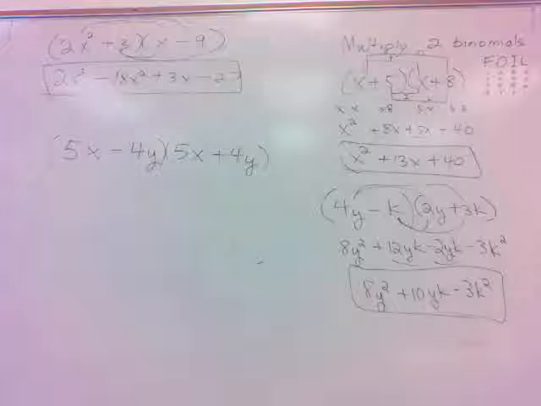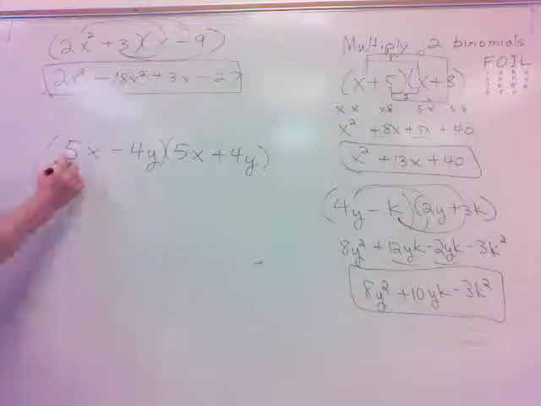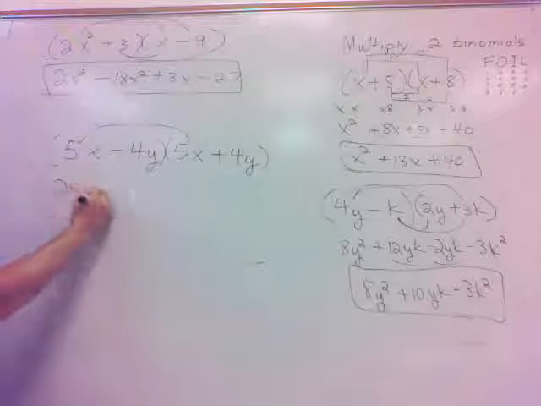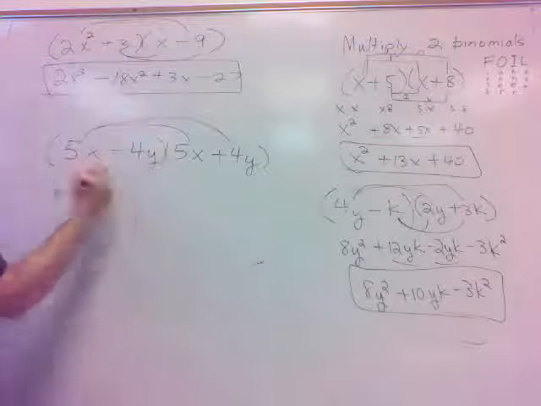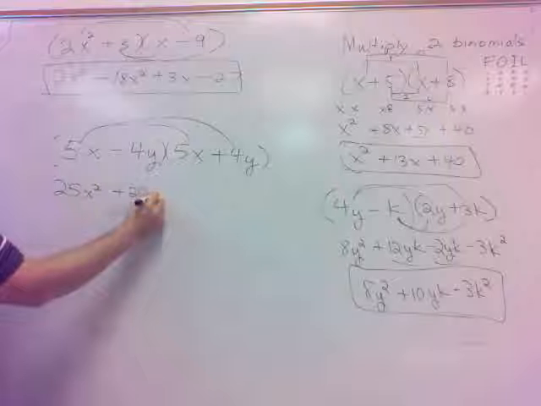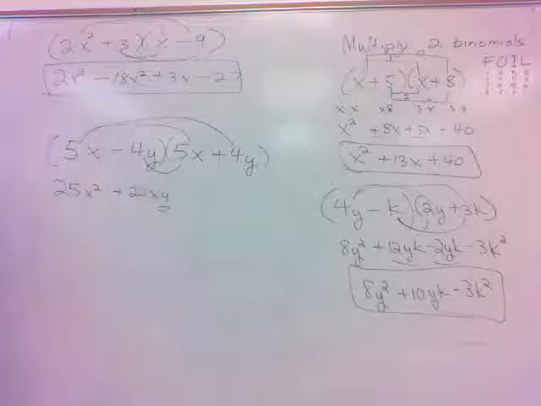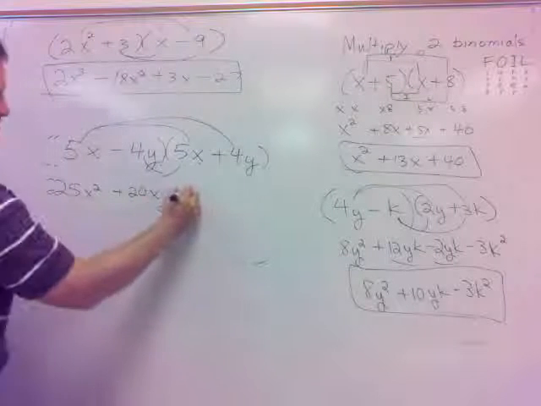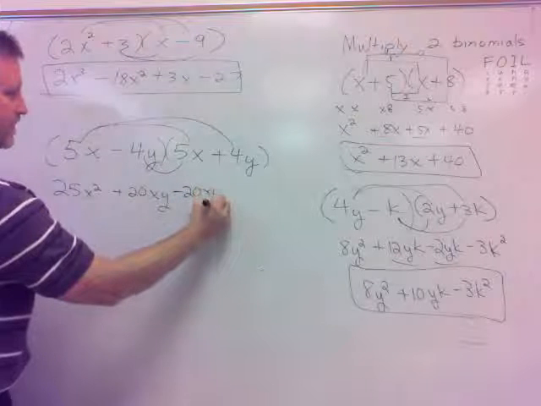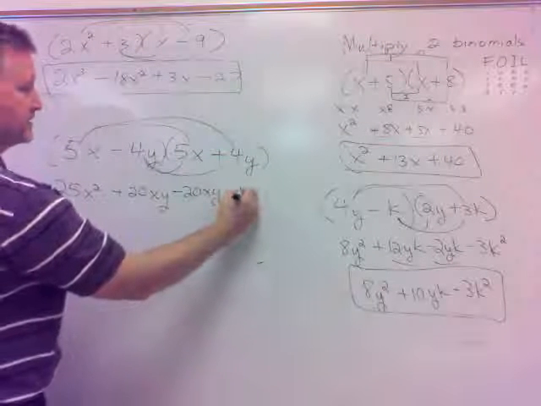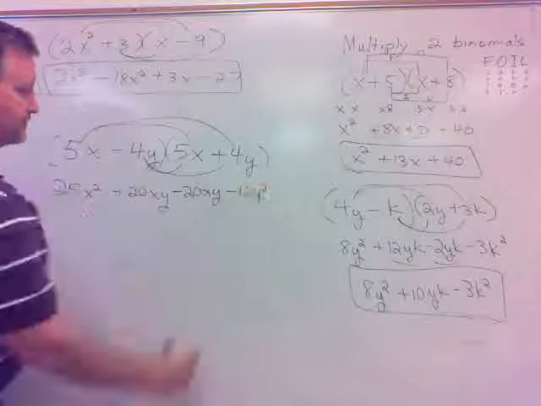Something a little bit opposite of that happens there, because 5x times 5x is 25x squared. And then 5x times 4y is 20xy, positive. Then I have minus 4y times 5x. What about that? That's minus 20xy, or yx. And then minus 4y times positive 4y is minus 16y squared.